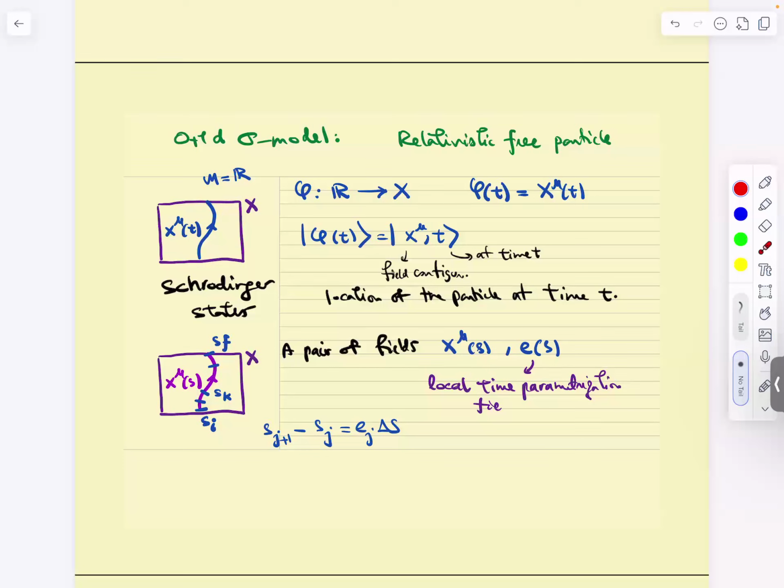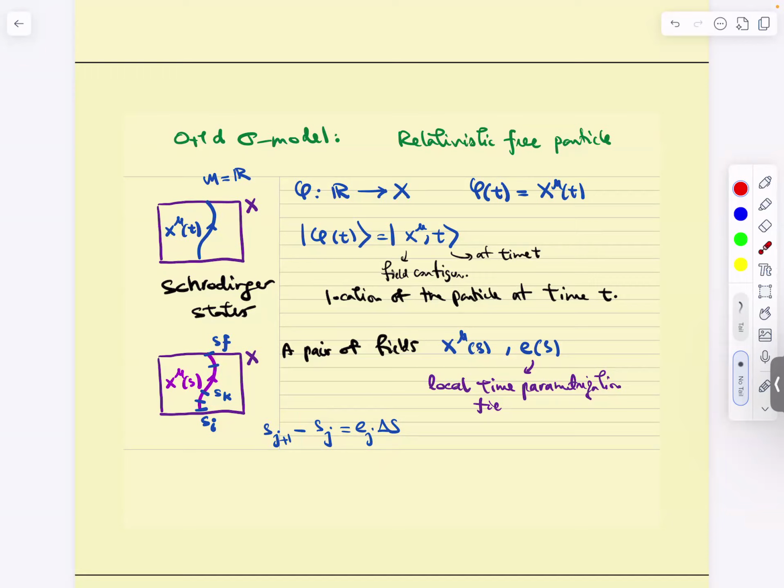But there is a time in 0 plus 1 dimensions, and then there's a time in target space. They need not be related in a very clear way. You could imagine that when you go in between them, you could say X^mu of 0 is here, X^mu of 1 is here, X^mu of 2 is here. Same worldline, you could parameterize it differently.